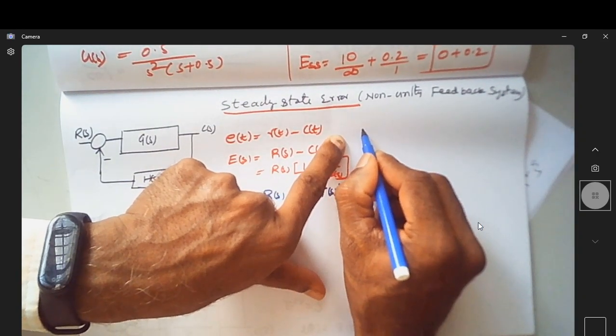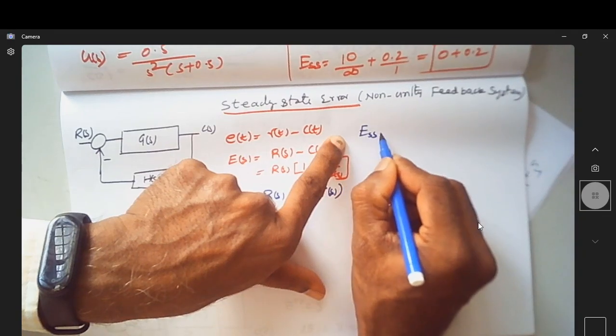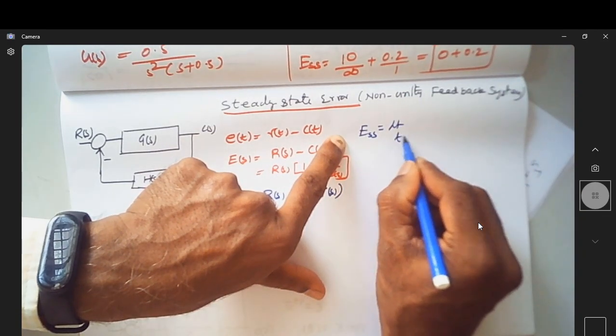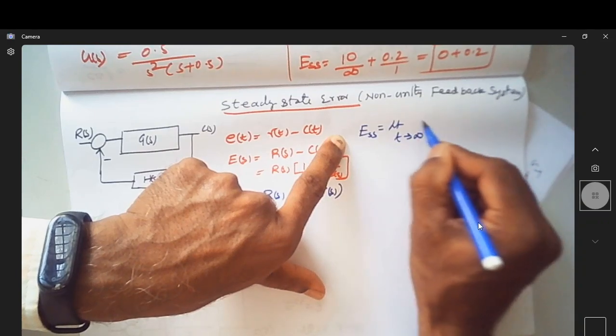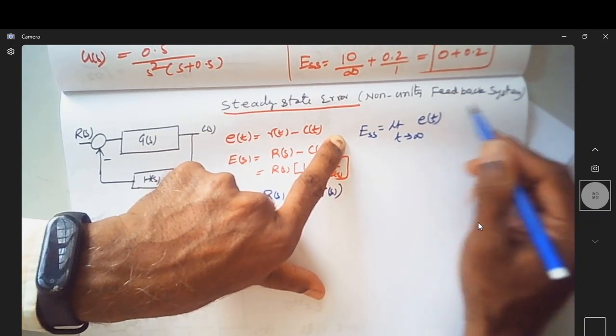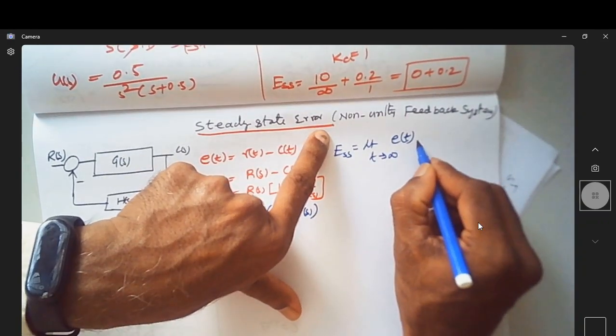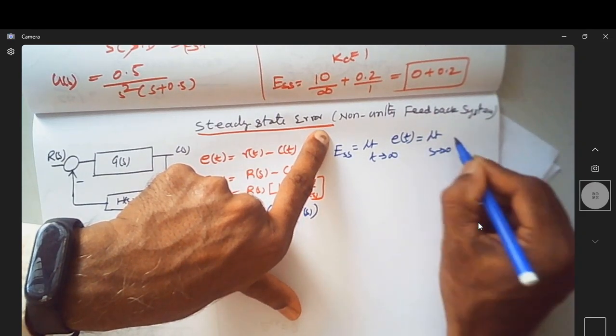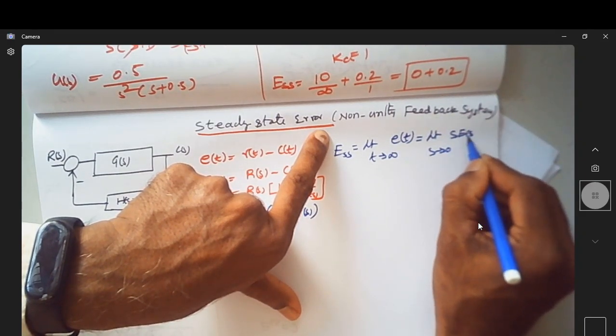What is actually the steady state error? The steady state error is the limit of t tending to infinity of e(t). Using the final value theorem, I can write it as the limit of s tending to 0 of s into E(s).